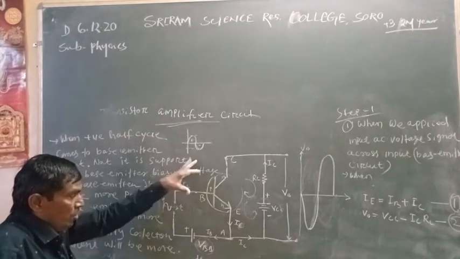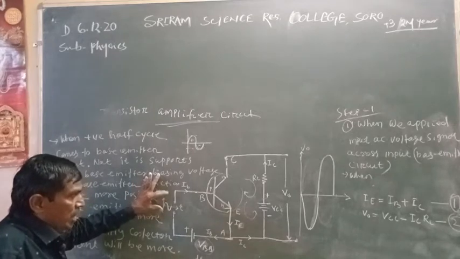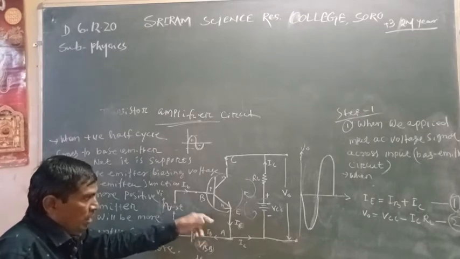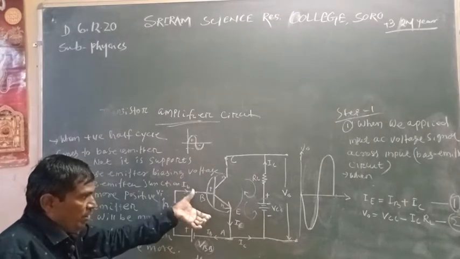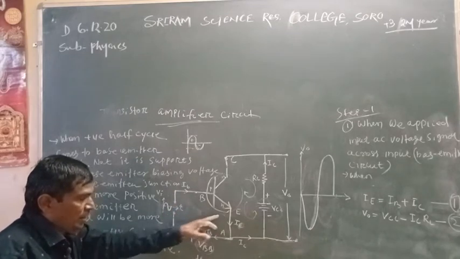The positive half cycle, meaning the positive part of the AC signal, comes to the base emitter junction. Now this junction will be more positive because this junction is forward biased.